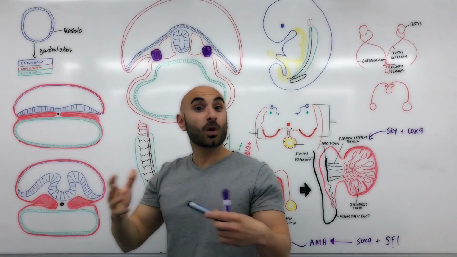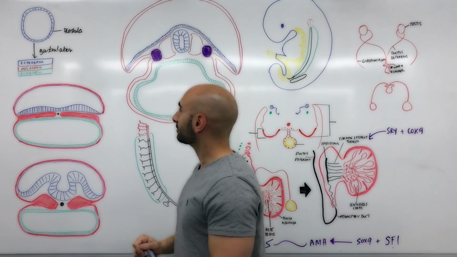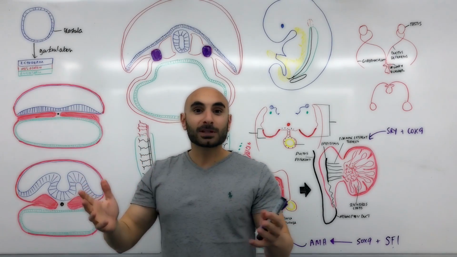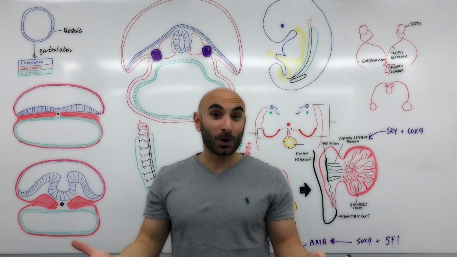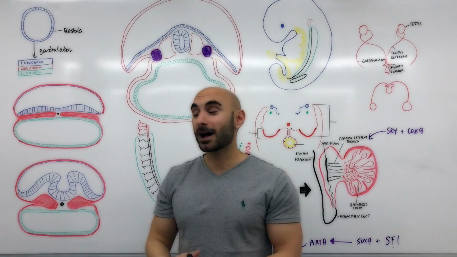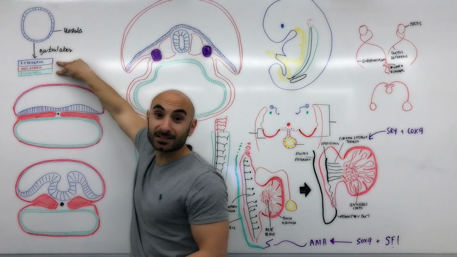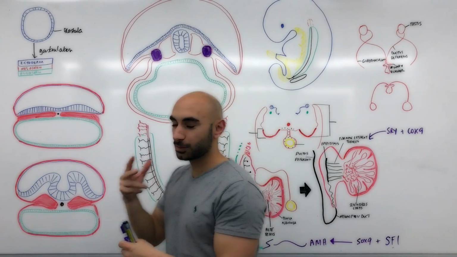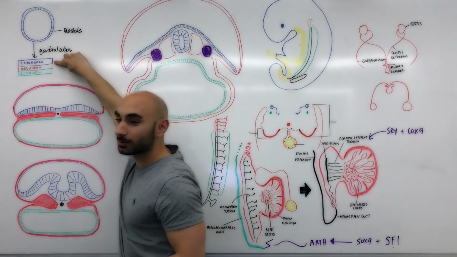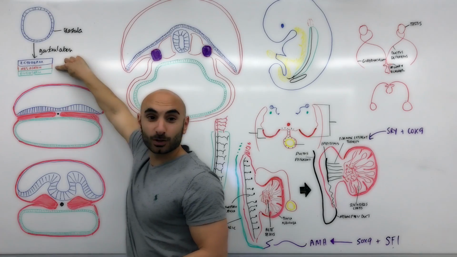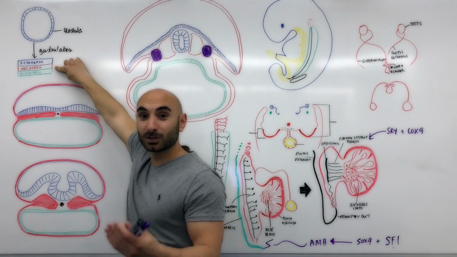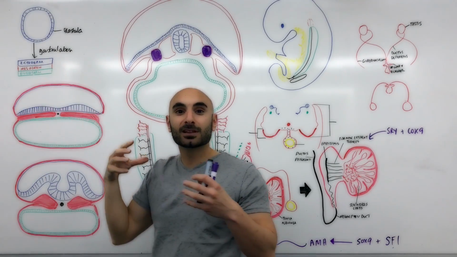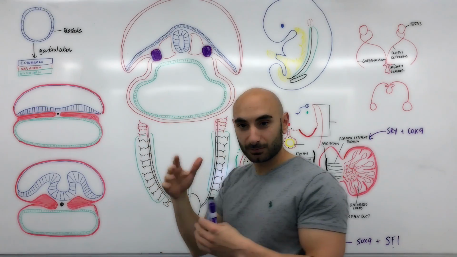If you want to know what embryology is and you've read up a little bit about it, you've probably seen these three layers around. You might not understand what they are, but let's go through it. There are three layers: the ectoderm, the outer layer; the mesoderm, the middle layer; and the endoderm, the inner layer.